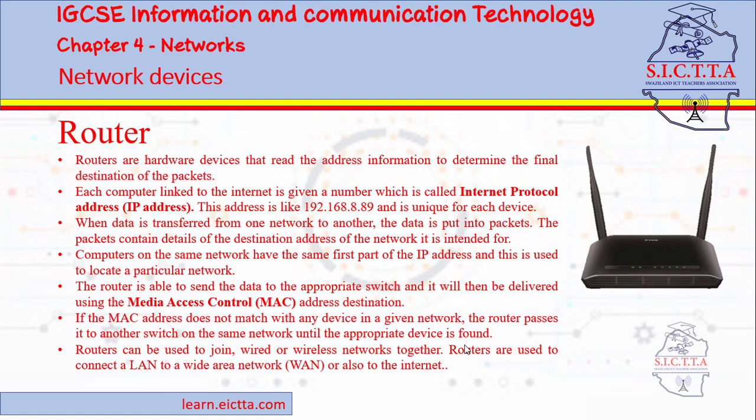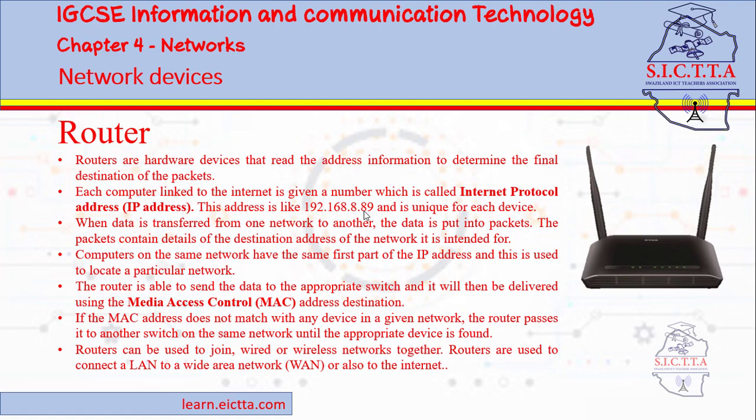For example, in the one I have given here above, 192.168.8 should be the same, and then maybe the last part should be different because we want a unique number for each IP address. The router is able to send the data to the appropriate switch, and it will then be delivered using the media access control address destination.